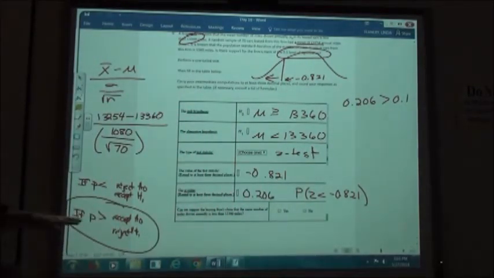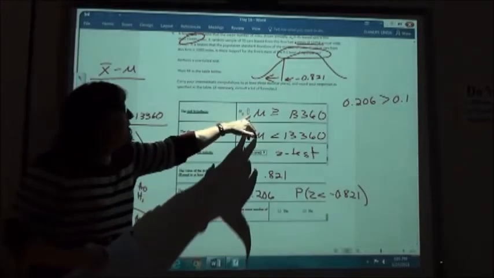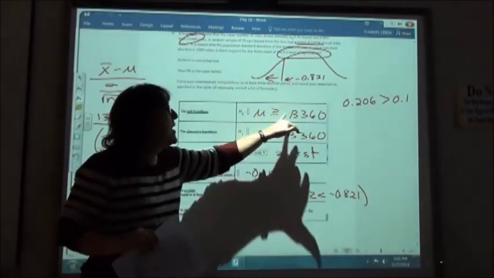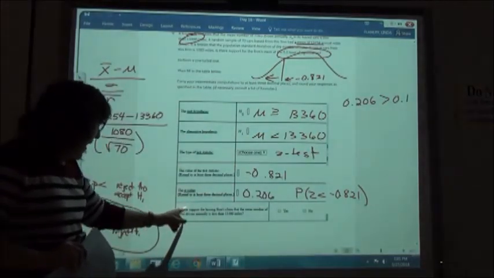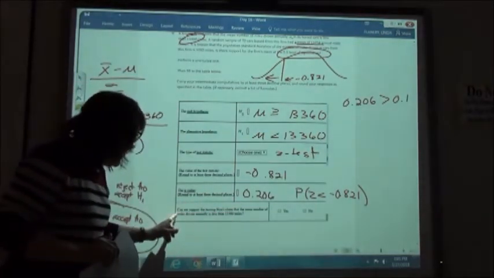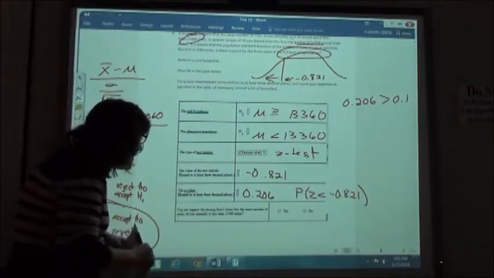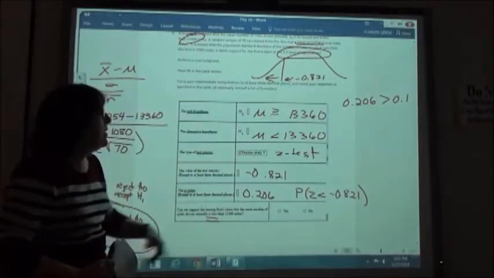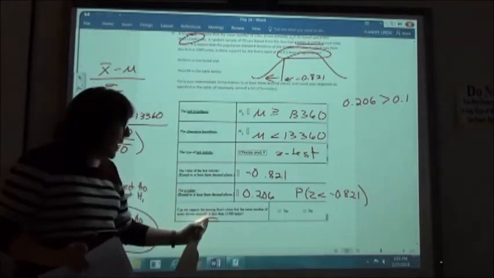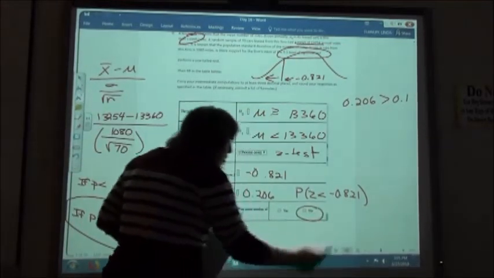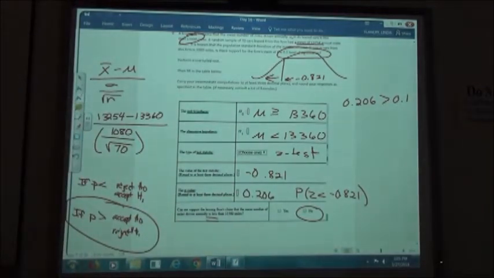We're going to accept the null. That means that the mean is greater than or equal to this number. The question says, can we support the claim that the miles driven annually is less? No, we're saying that it's greater than, right? So, can we accept that claim? No. We can't say it's less because we ended up it was greater than.